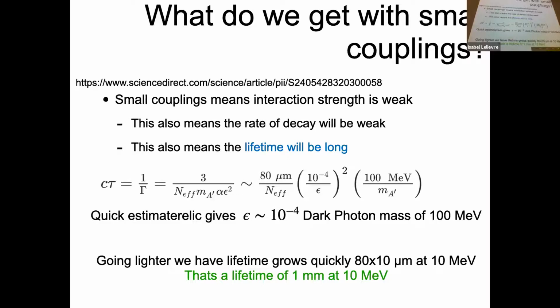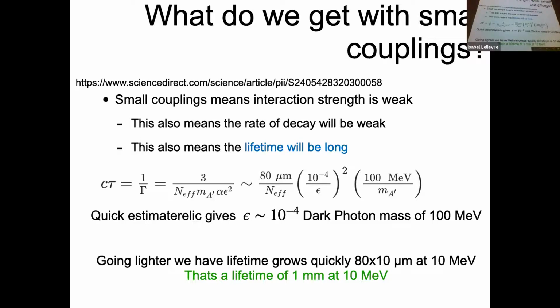What's happening is that the coupling becomes very weak, so the probability to decay becomes very weak, and so the lifetime can be long. So you can imagine producing a dark photon and then looking for that dark photon to decay back to the standard model. Well, the probabilities could be very small. And so you're going to get a lifetime, right?